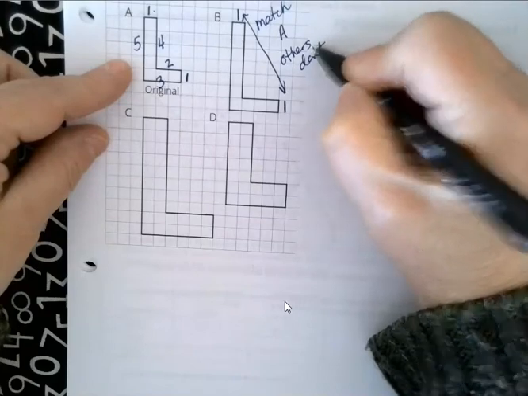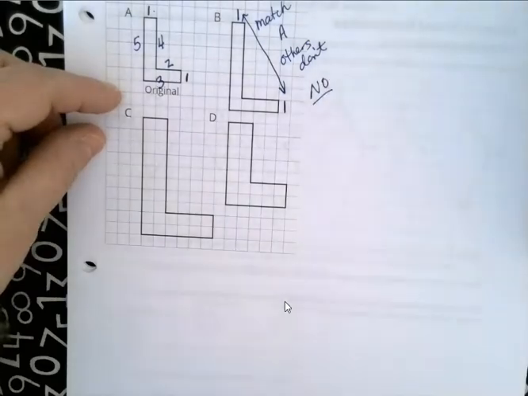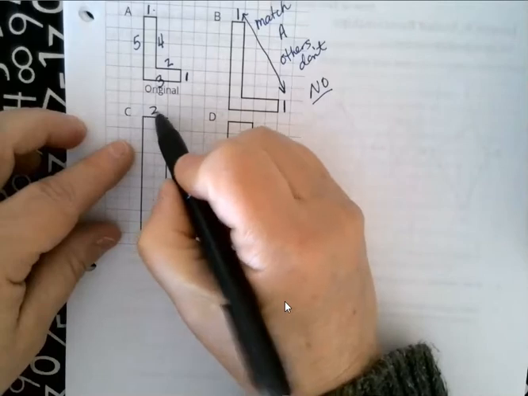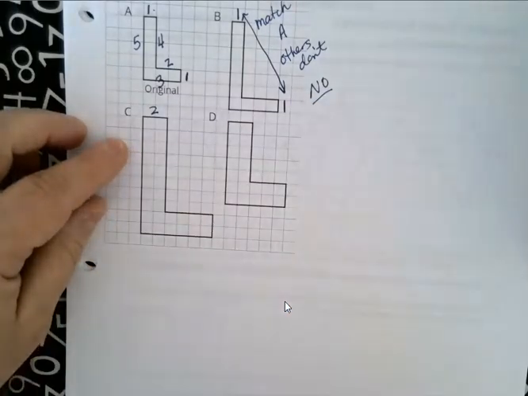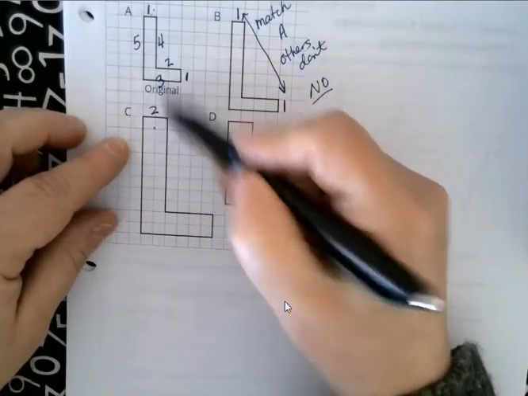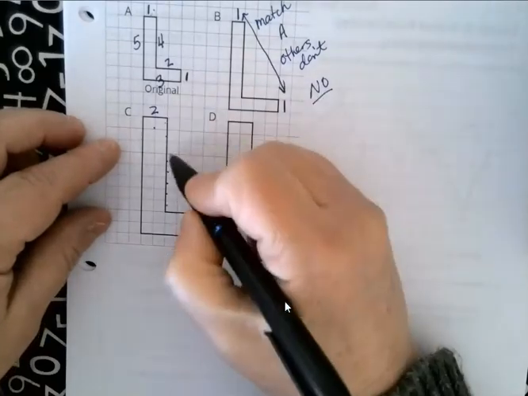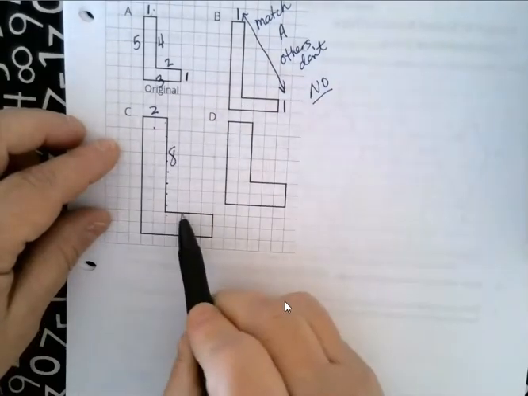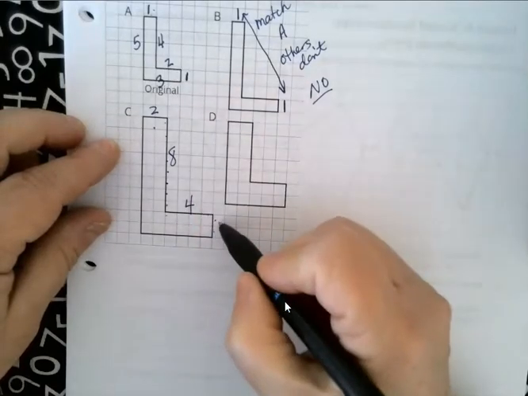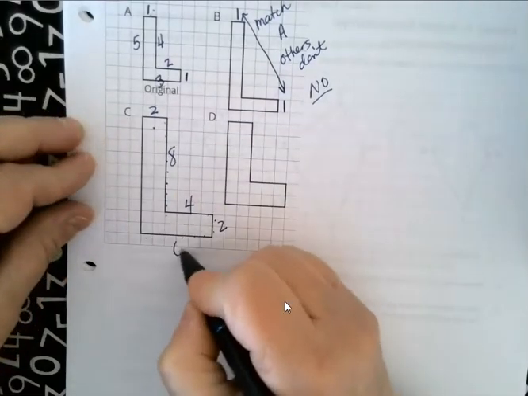So it cannot be a scaled copy. So let's go to this one. 1 was there, 2 is here. Okay, it's looking like I'm doing a times 2. 1 to 2. So let's see if this one's 8. 1, 2, 3, 4, 5, 6, 7, 8. So far, so good. 1, 2, 3, 4. Still times 2. 1, 2, 3, 4, 5, 6.